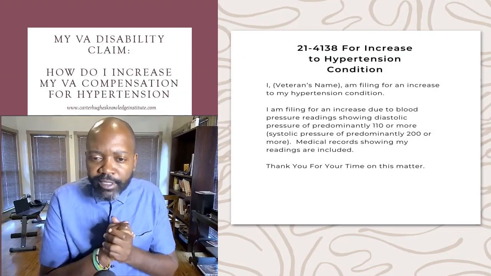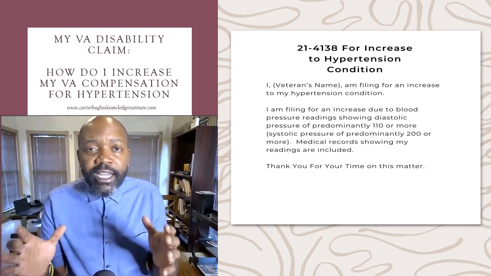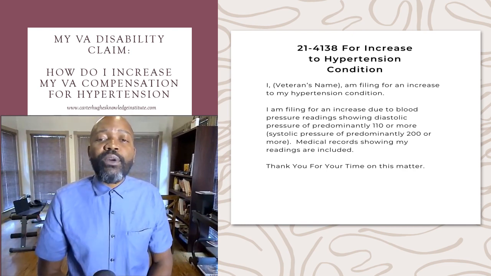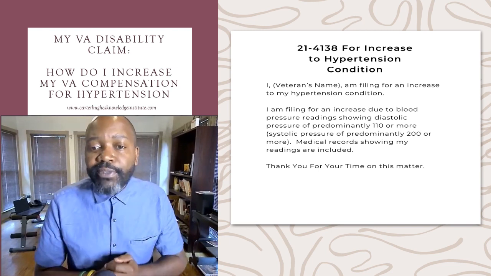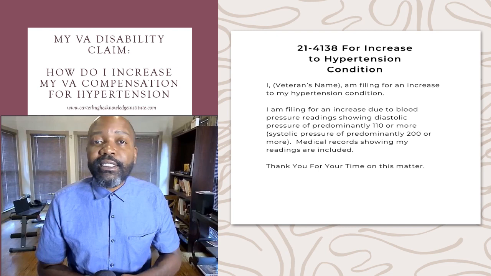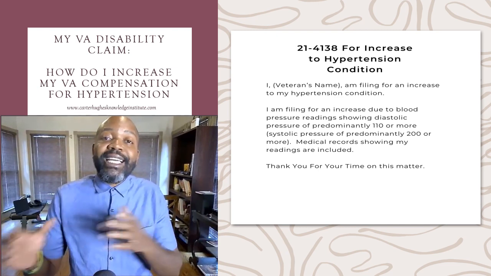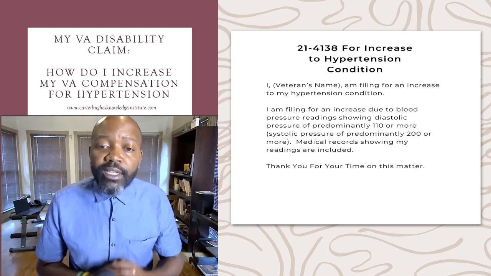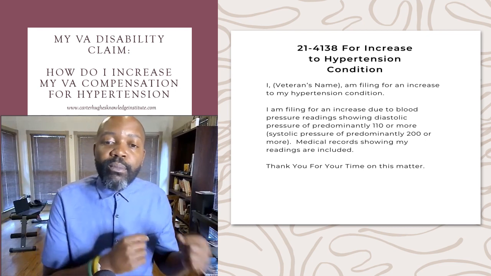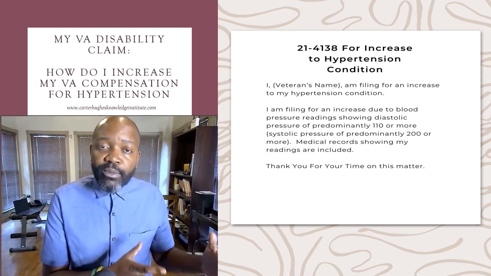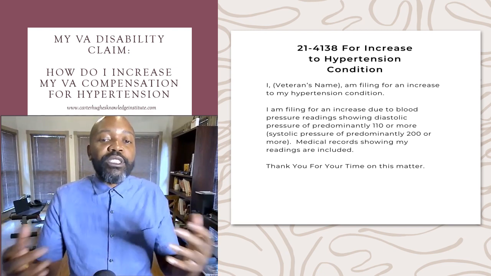As you can see, the language from the rating schedule, we pretty much just took that and put it right here on that 21-4138. The language would read: I, and whatever your name is, am filing for an increase to my hypertension condition. I'm filing for an increase due to, and this is where we lay out what we found on the rating schedule, blood pressure readings showing a diastolic pressure of predominantly 110 or more, if that's the case from your readings, and if it is that your systolic pressure is predominantly 200 or more, you would just put that down there.